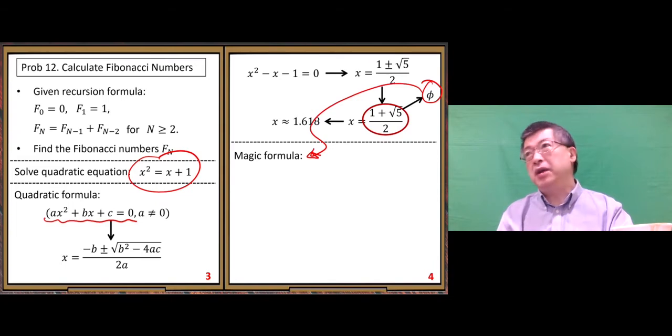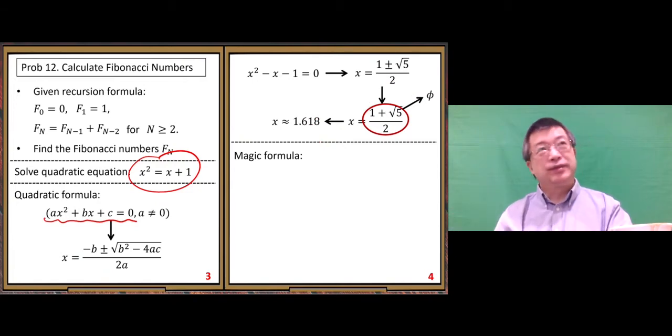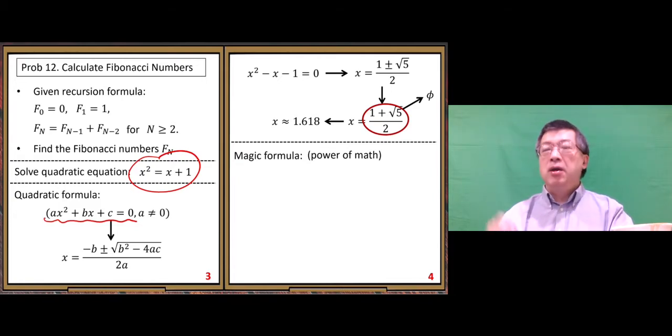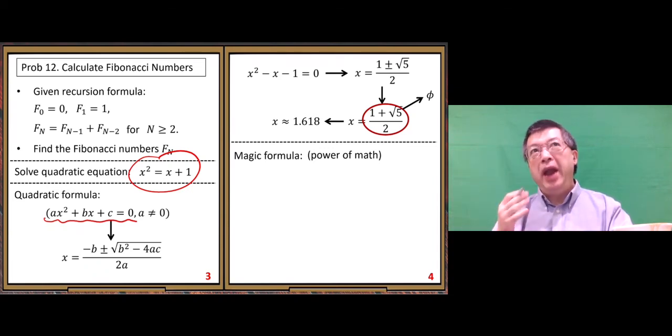How can you connect that? It is very hard to understand. But from this, we can see the power of math. After we apply a lot of math calculation, we can connect them in a perfect way.